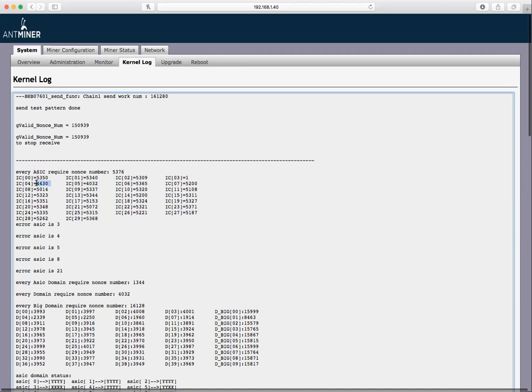But 4 didn't hash very good. 3 didn't hash very good. Let's look at 5. 5 is low. I'm just following these numbers down here. 8 is pretty good, but 300 low. And then 21 is kind of low. It's not in the 5300s, it's in the 5000s.